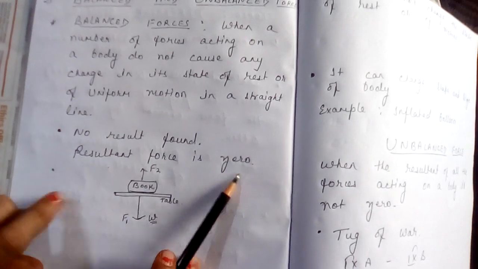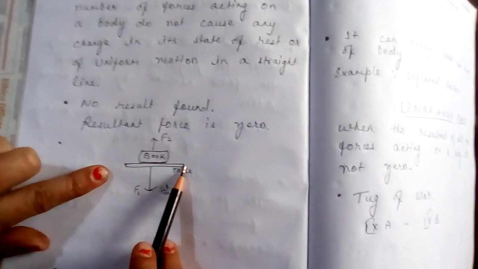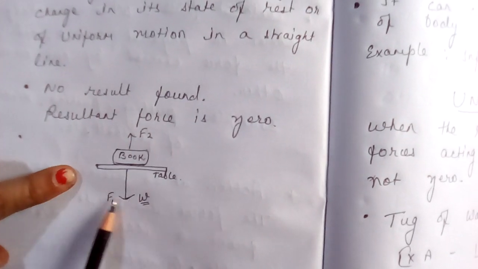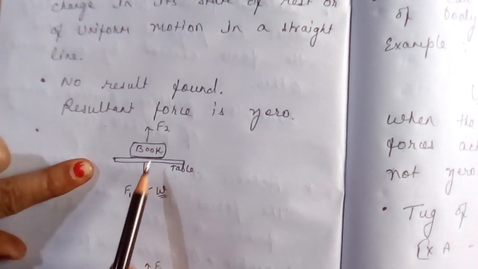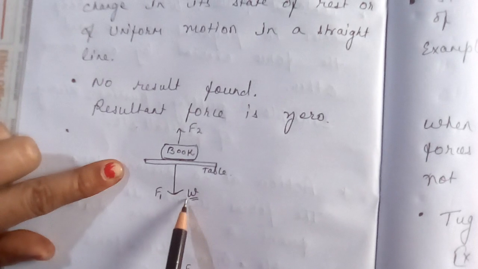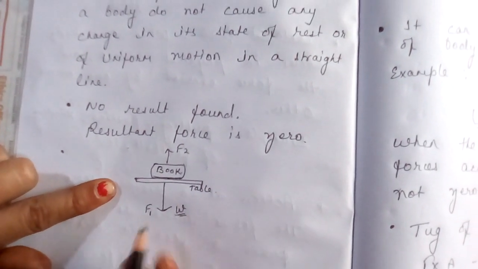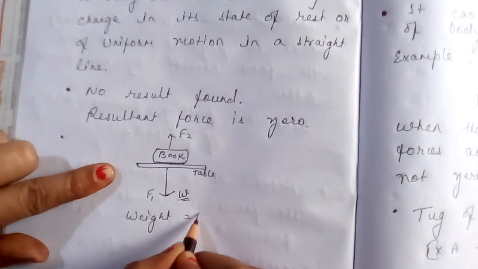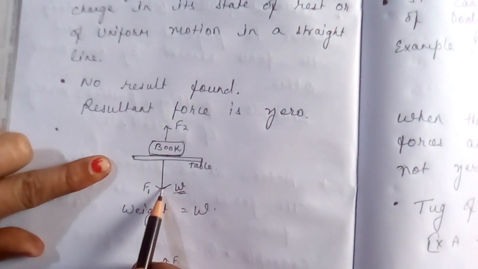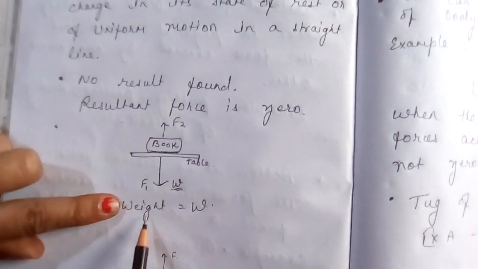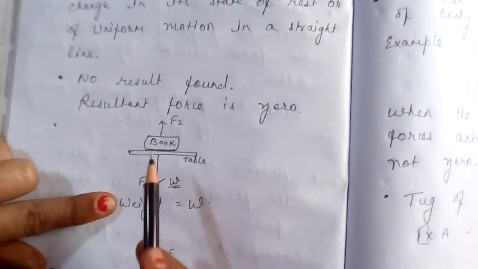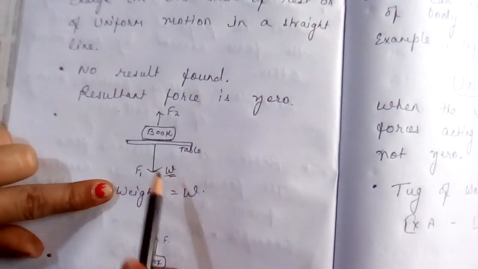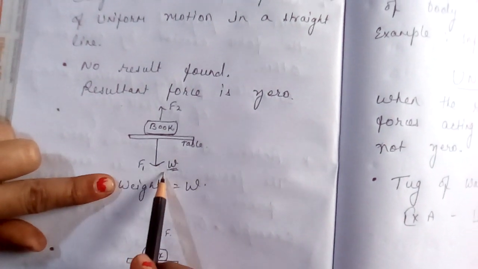For example, I am showing you. This is a table and a book is placed on the table. So, how many forces are acting on this? Just see. The weight of the book is acting downwards. Weight I have represented by W. You know that every object's weight acts downwards because earth is attracting every object towards its center.